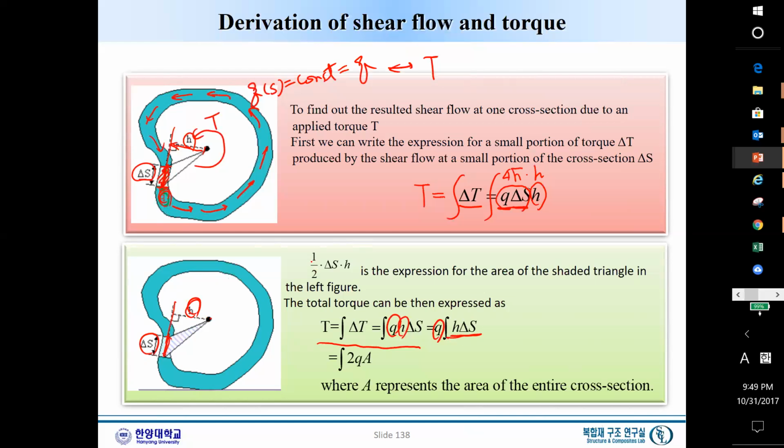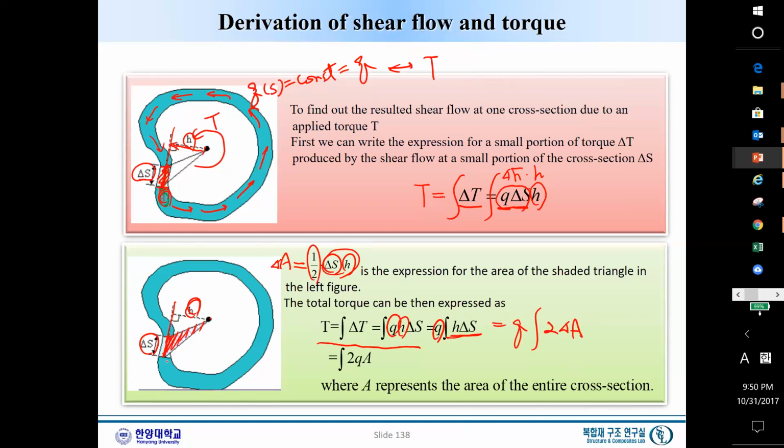Well, we do know that delta S times H divided by 2 is the delta A, the area of the triangle defined with the help of this delta S and H. So H times delta S is simply twice delta A. I'll rewrite here, Q times twice delta A.